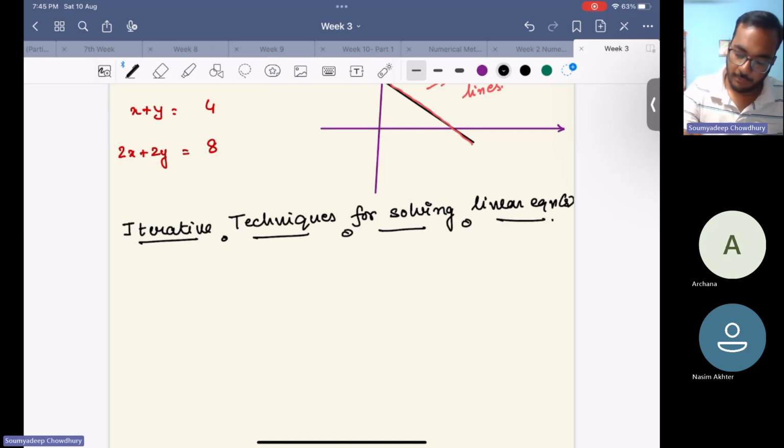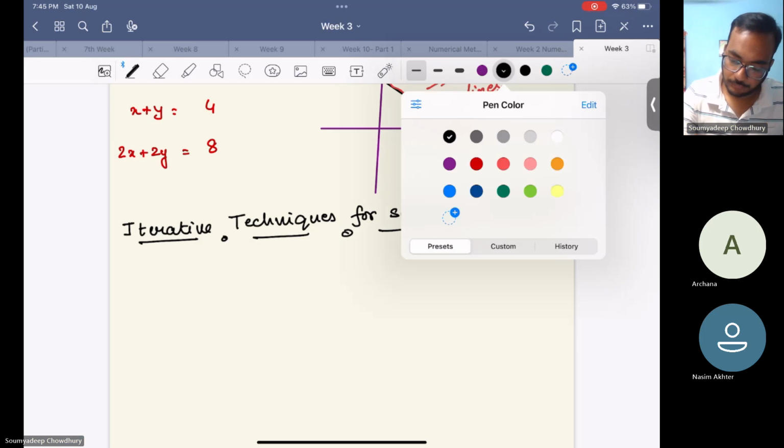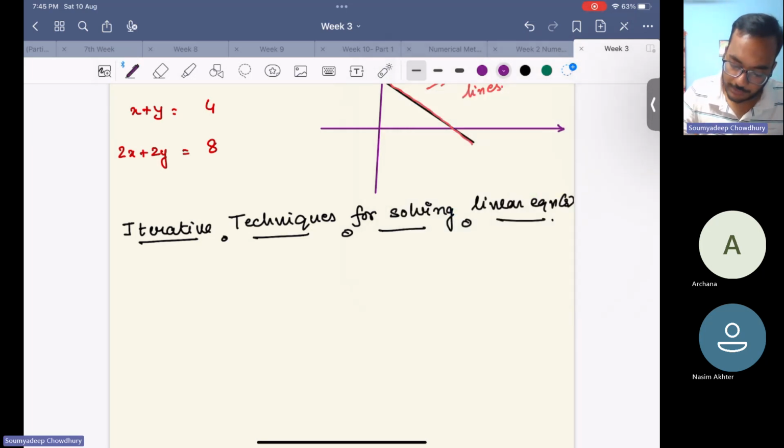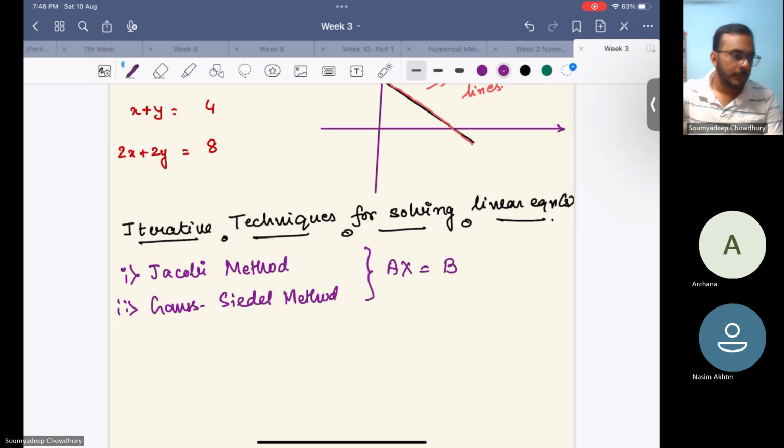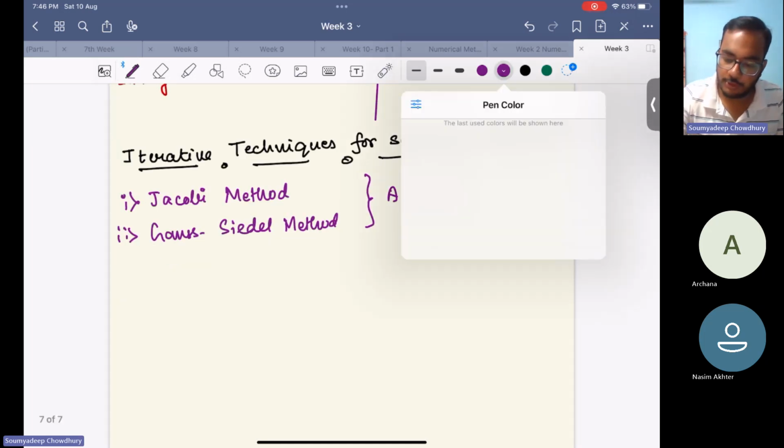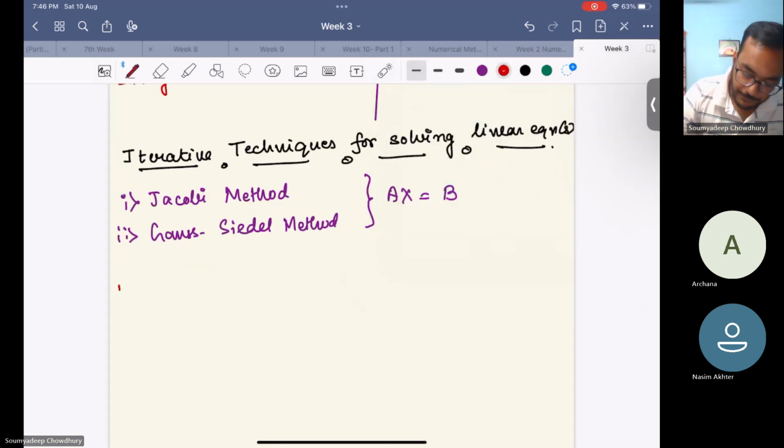Here you basically have two different techniques. The first one is the Jacobi method, and the second one is the Gauss-Seidel method. Both these methods are basically used to solve Ax equal to B, right? So first we will look into the Jacobi method.